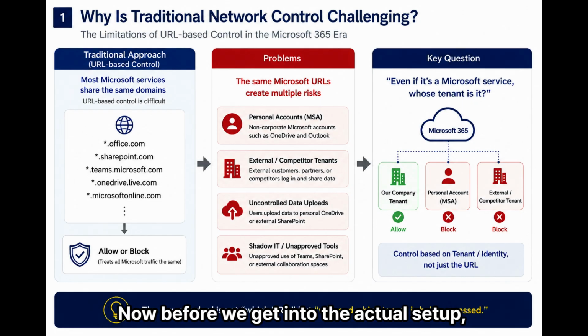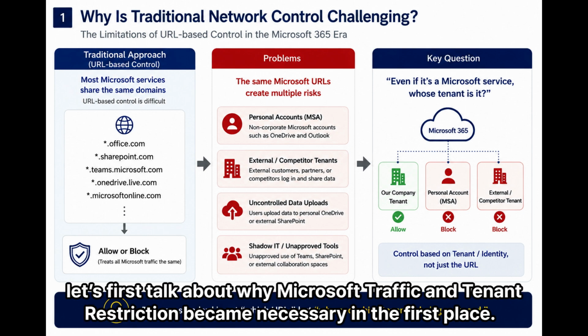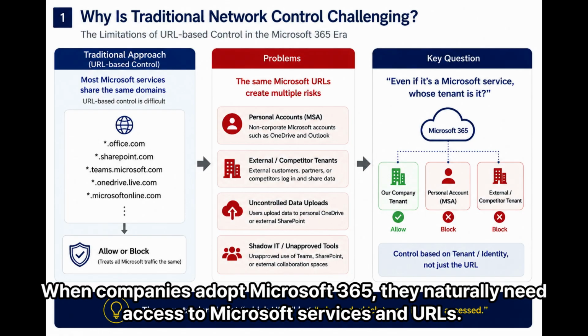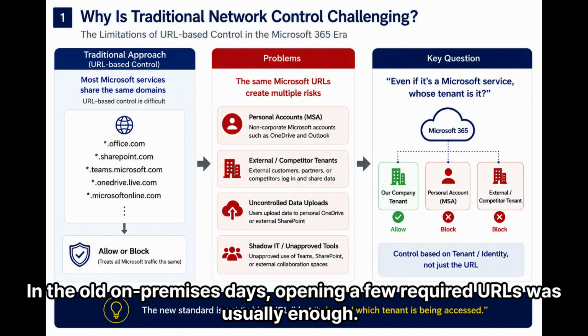Now, before we get into the actual setup, let's first talk about why Microsoft Traffic and tenant restriction became necessary in the first place. When companies adopt Microsoft 365, they naturally need access to Microsoft services and URLs. In the old on-premises days, opening a few required URLs was usually enough.